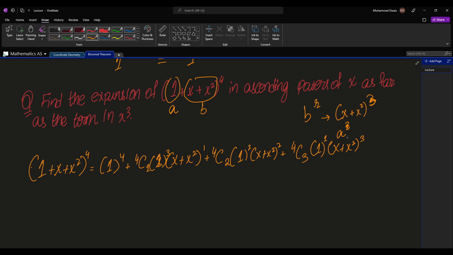All right, now we do not need to move till 4C4, as the power of b will become 4, and when it is 4, none of the x terms will have a cube in it, so we don't need to do that.